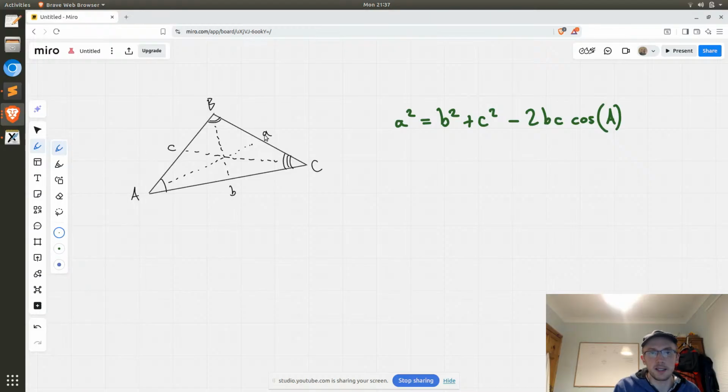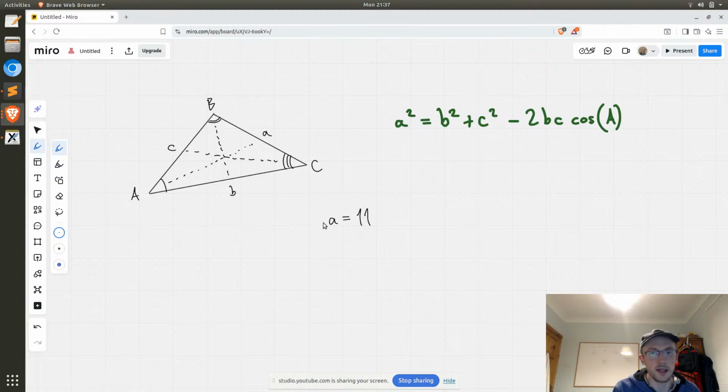So remember that little a is a name for this side, and it also stands for its length. So if I say side A, and if I say A equals 11, it's understood what that means.